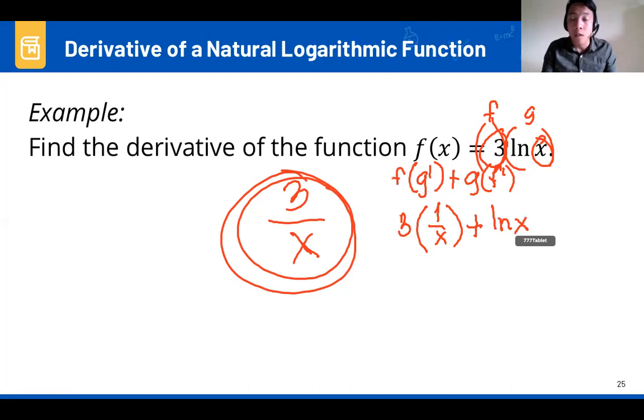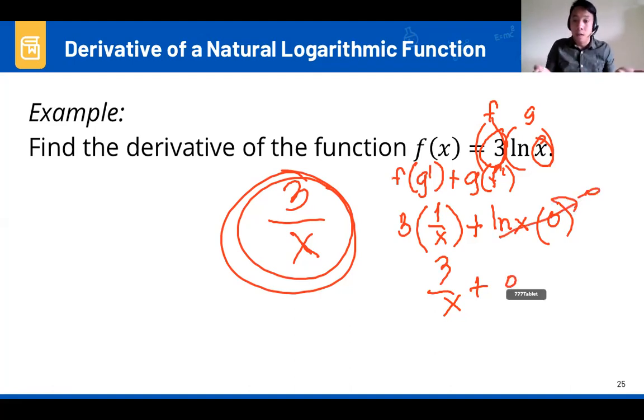Our f is a constant, and the derivative of a constant is always 0. So we have 3 times 1 over x, which is 3 over x, plus 0. Any number or form multiplied by 0 is always 0. So 3 over x plus 0 is also 3 over x. They're the same.